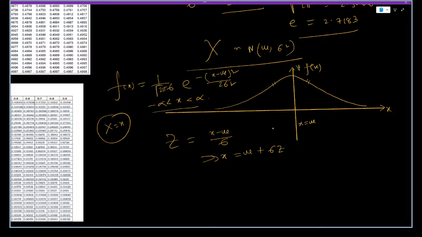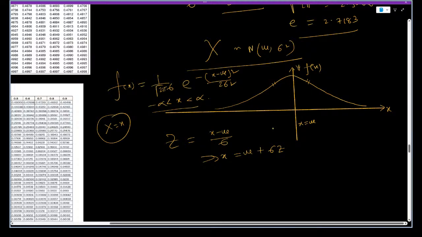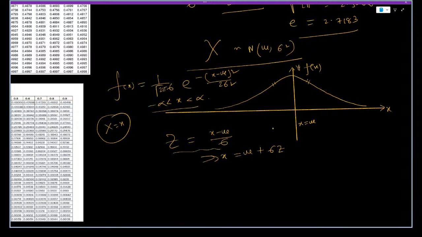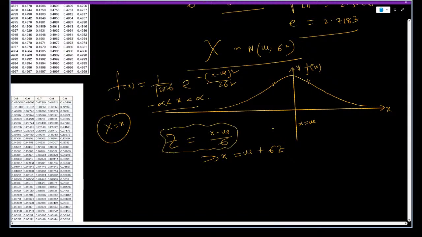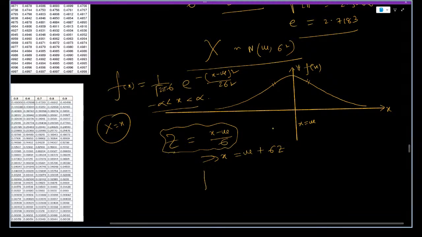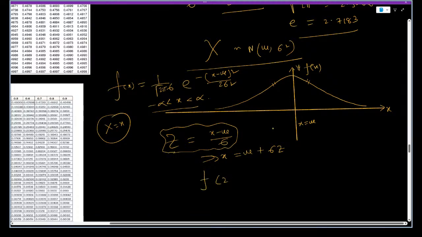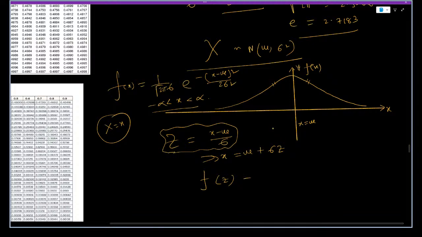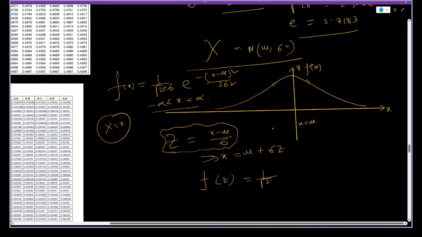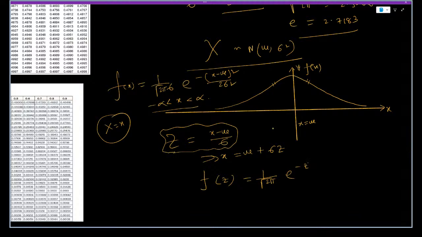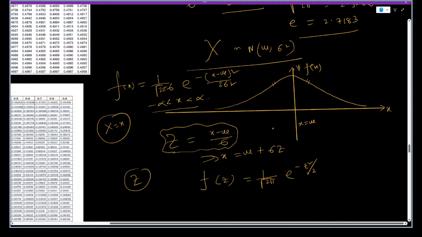Under this transformation, if you take z equal to (x minus mu) by sigma, this curve is changed, x will be changed in terms of z. This will be 1 by root 2 pi e to the power minus z square. Here the random variable changed to Z. Z has a value which is equal to small z.